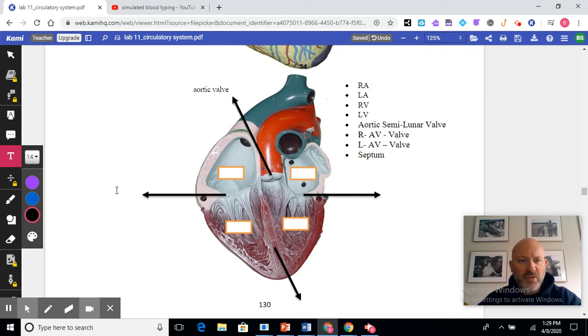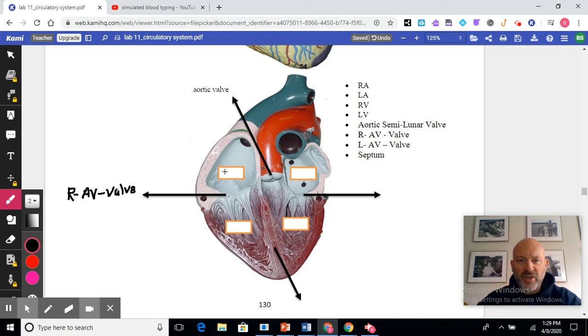And then this is the right AV valve. These are the chambers: right atrium, left atrium, right ventricle, left ventricle, septum. Left AV valve.